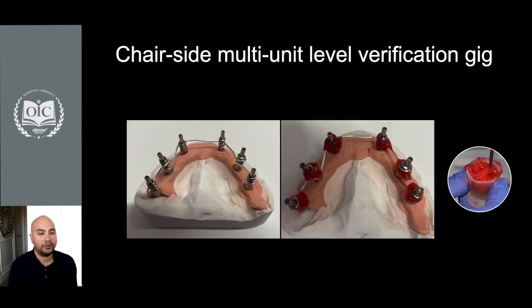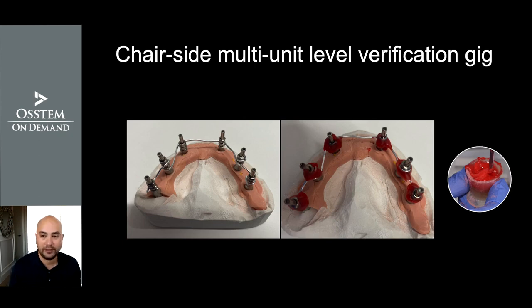Or, when it comes to a multi-unit level impression, we can use the existing cast that was utilized for the temporary prosthesis and make a chairside verification jig, like in this case.